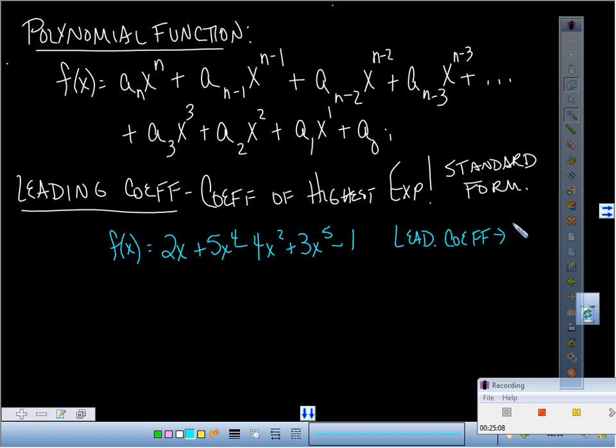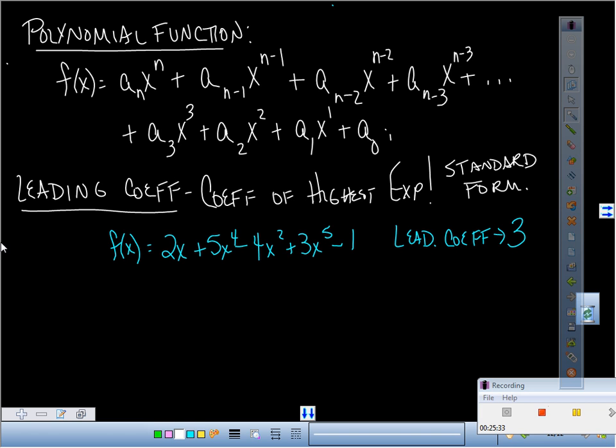Everybody see it? Now, what if someone wrote 3x to the 5th? Is that right? No. Y'all, that's not a coefficient. That's the whole term. And it's not right. It won't be counted right. Okay? Is that a hard question? Tell me what the leading coefficient is? That's a present, guys. You look at the highest exponent, and you pick the number in front of him.